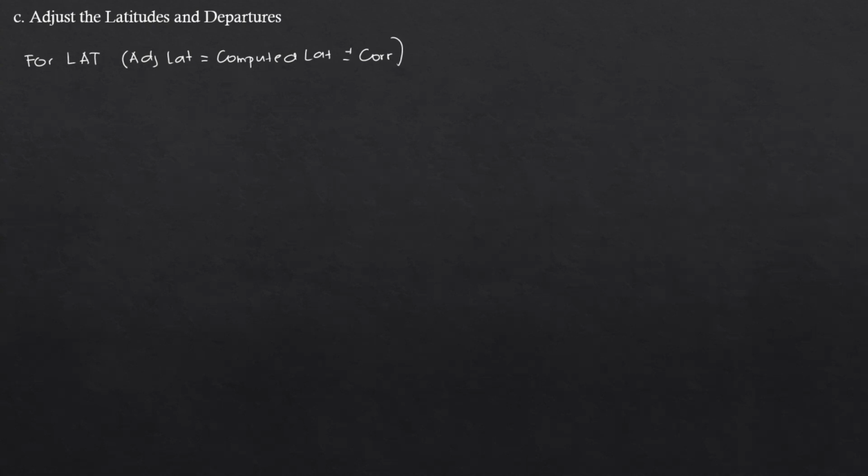So, paano natin malalaman kung i-add ba natin siya or isusubtract? Mag-base tayo dun sa nakuha nating CL. So, ano ba yung CL natin? So, meron tayong CL na positive 16.81. So, ibig sabihin positive siya, ibig sabihin yung summation ng north latitude natin exceeds yung summation ng south latitude.